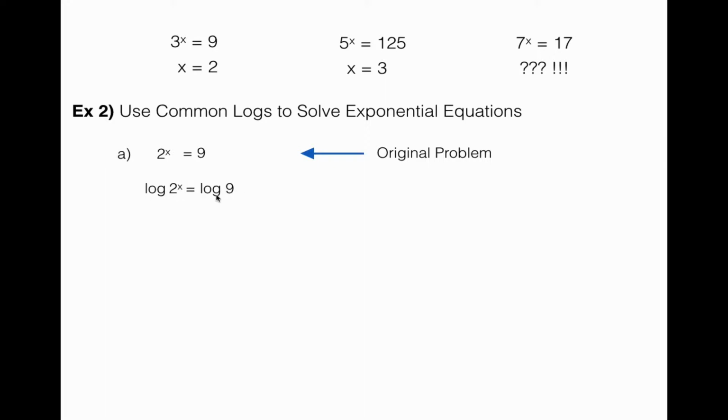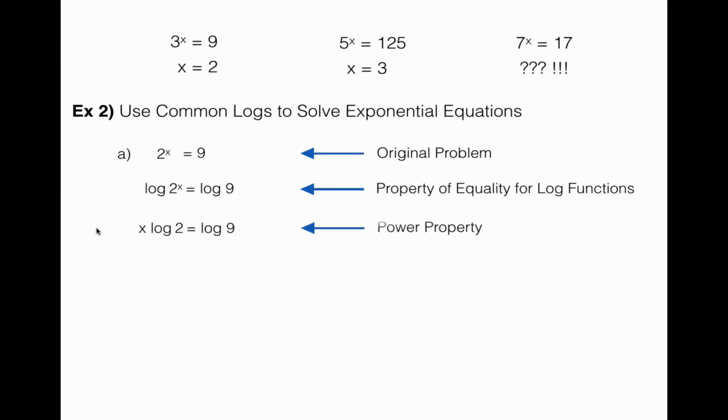What happens is I can apply the log properties, right? Now I can use the power property and get that x down here. And that means I can just solve like normal now. I can divide both sides by the log of 2, and divide the log of 9 by the log of 2, and just find out that x equals 3.170. All right, and I'd use my calculator for these two things here.